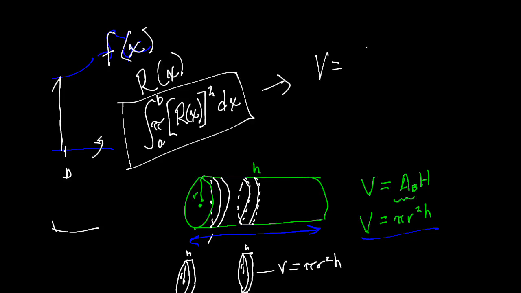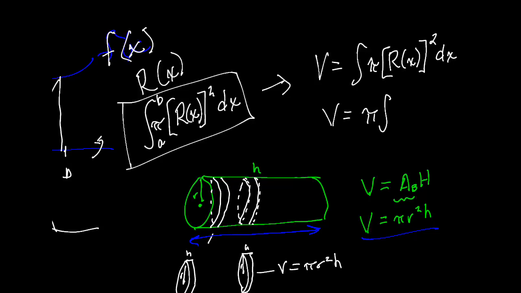Volume equals pi times the integral of r squared. This is one of the most common things I forget to do, is square this. But it's r squared. And because pi is a constant, we write it out in front.